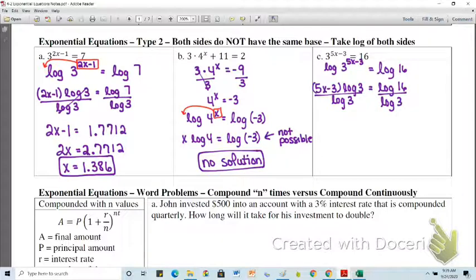Again, make sure you keep that full decimal in your calculator. So I get 5x minus 3 equals 2.524. I'm going to add 3 to both sides and divide by 5. And now since I'm done, I can go ahead and round.